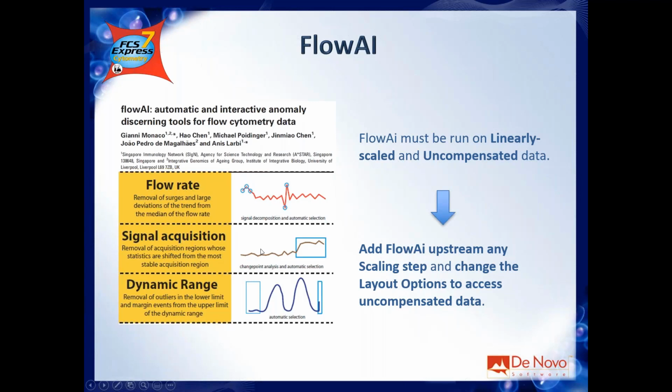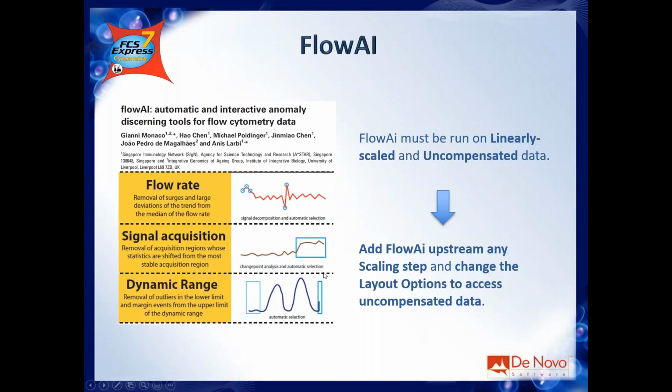The signal acquisition does the same, but instead of looking at the flow rate, it's looking at the intensity. Ideally, if you have a population that is bright at 10 to the 4, it should be 10 to the 4 for the whole acquisition. If the intensity increases or decreases, something is wrong. So Flow AI will detect those events and remove them.